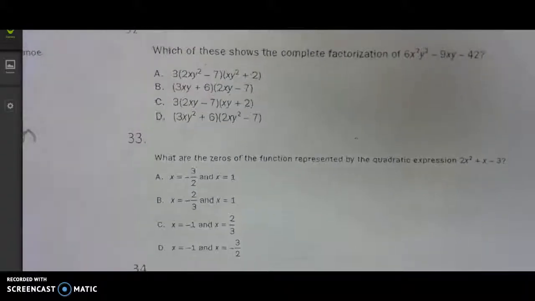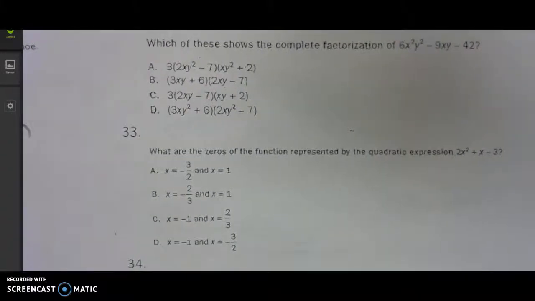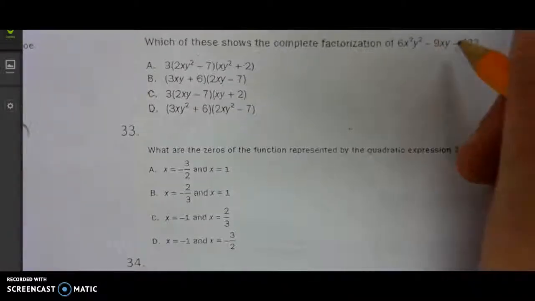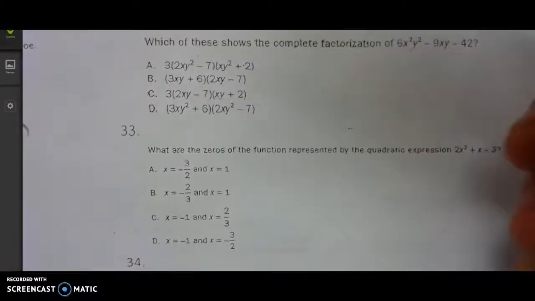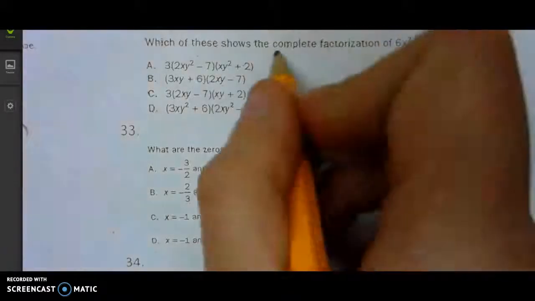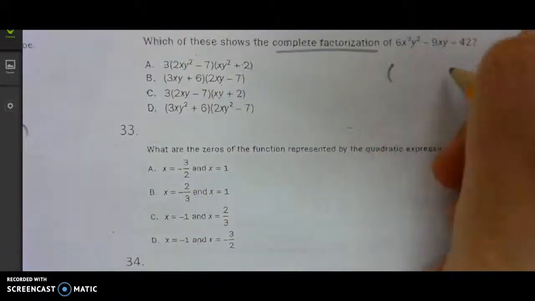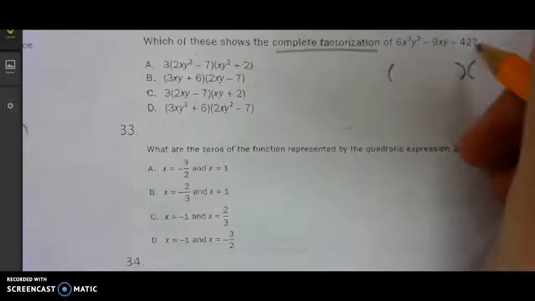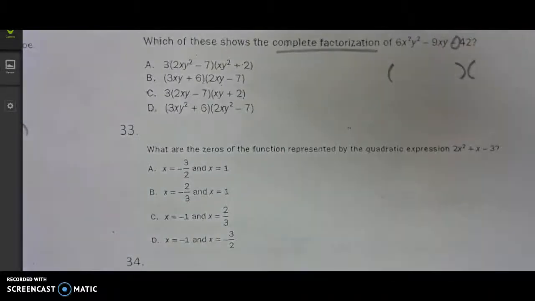32. Which of these shows a complete factorization of 6x squared y squared minus 9xy minus 42? So it says complete factorization, so we know we're going to change this trinomial to 2 binomials. But actually, let's look at these coefficients first, right?